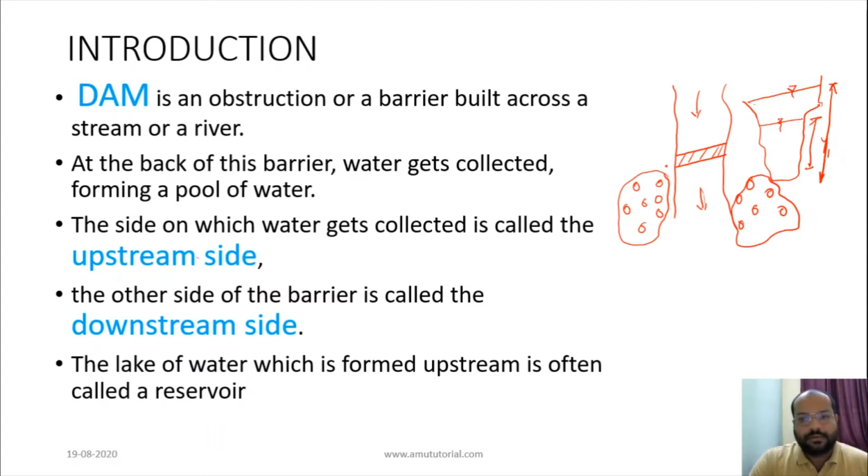Due to this, the increase in volume of water will spread, and we have to evacuate all these places where the water will go submerged. This pool of water is known as a reservoir.